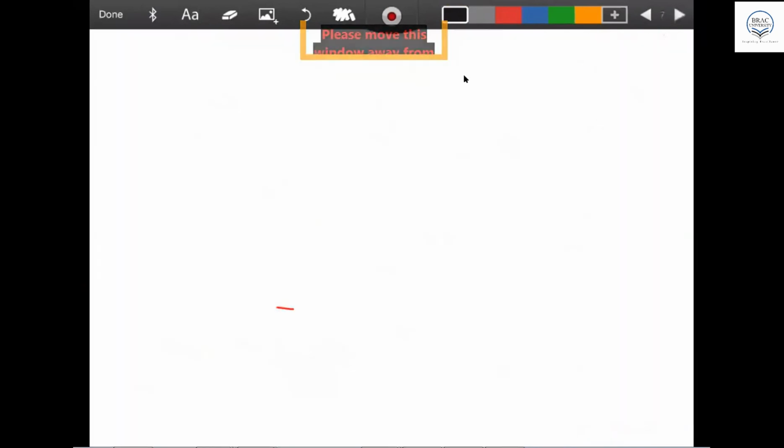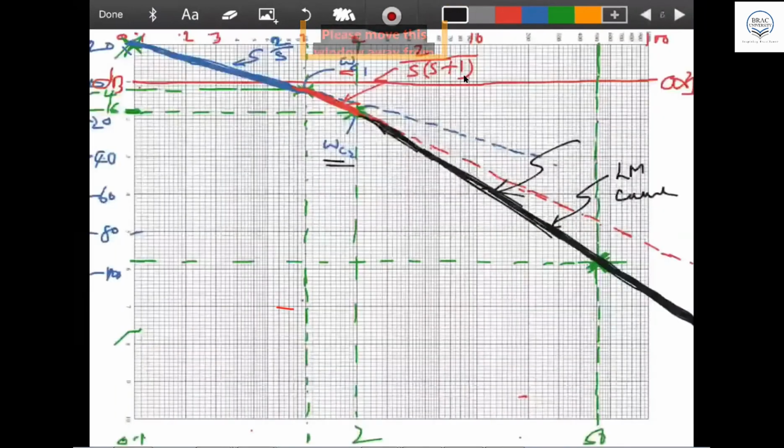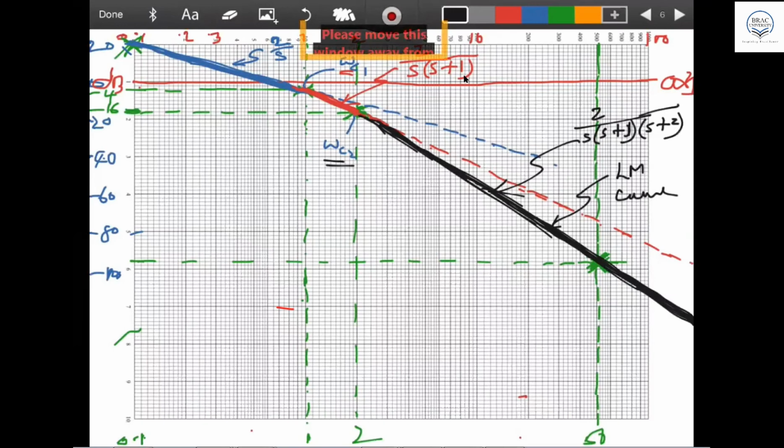So the black one is coming from all the things, 2 divided by s into s plus 1, and the second corner frequency, which starts from the previous one plus the additional second corner frequency, omega c2, coming from s plus 2. So that's the black curve, and it goes up to infinity. There is no end. It will go through the 50 and go up to infinity.